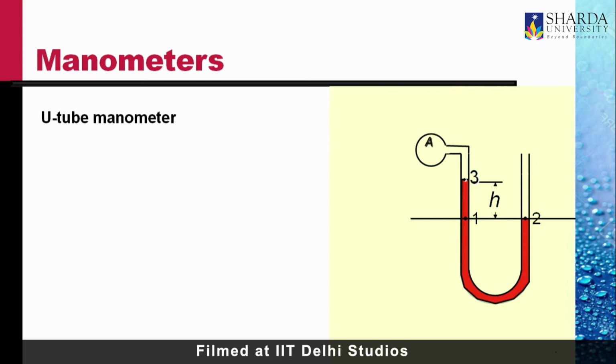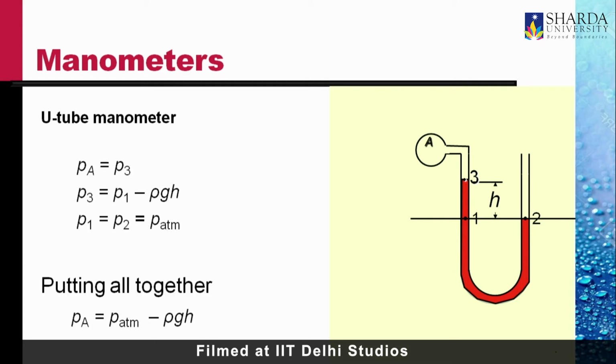So in this case, point 1 and point 2 will have the same pressure. Since the density of the gas is very small, we can say PA is like P3, and P3 is P1 minus rho GH, because from P1 we are going up a distance H. P1 is equal to P2, which is equal to atmospheric pressure.